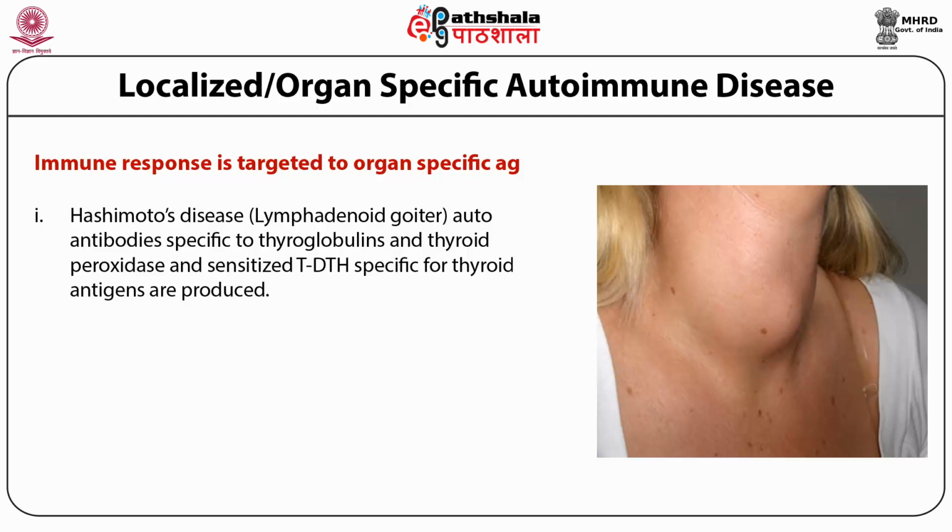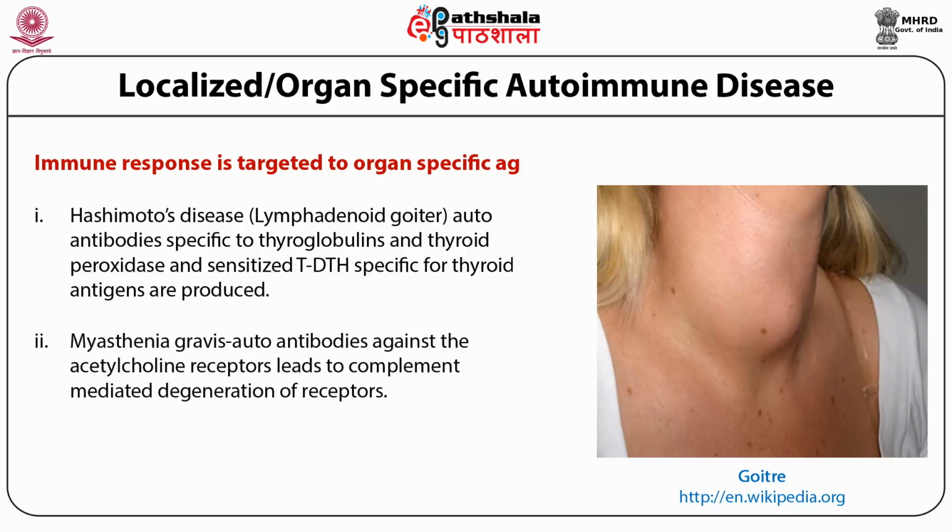DTH, that is delayed type hypersensitivity reaction, leads to infiltration of the organ with phagocytes and plasma cells and further enlargement of thyroid glands causing goiter, as you can see in the picture. Mostly seen in middle-aged women, autoantibodies and sensitized TDTH cells that are specific for thyroid antigens are produced.